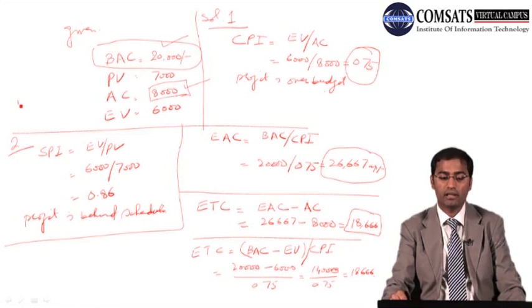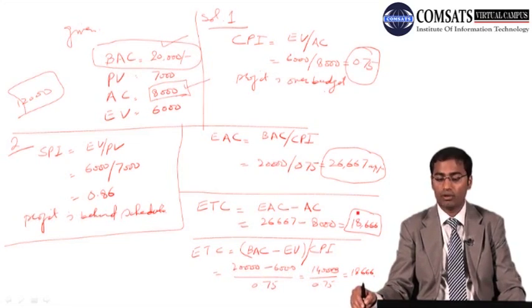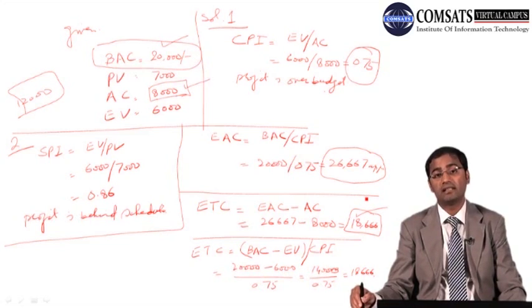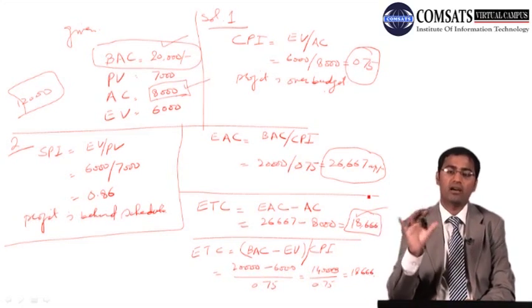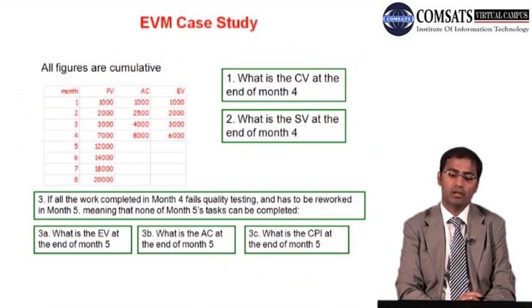We would have needed 12,000, but our analysis is showing no, we are in need of 18,666, that is 6,667 rupees more than the budget. So this is how we have a good understanding of earned value.